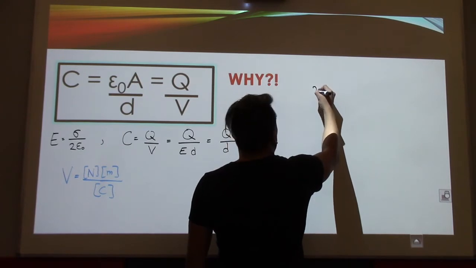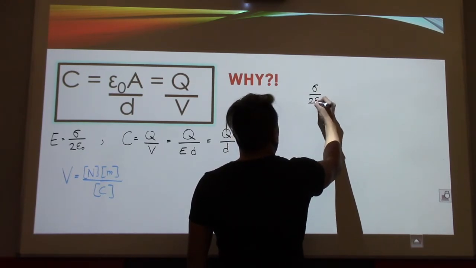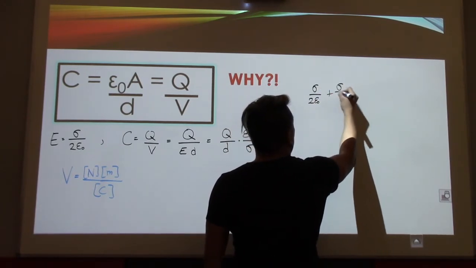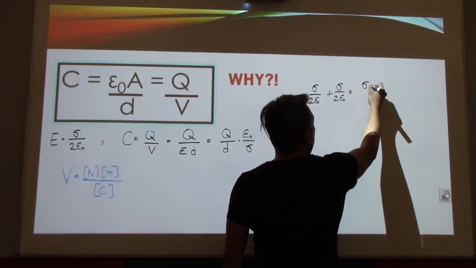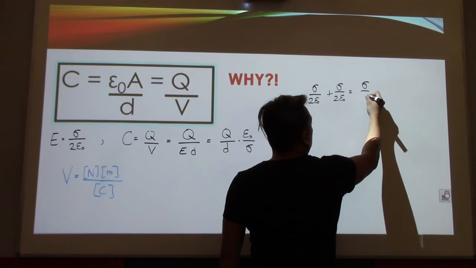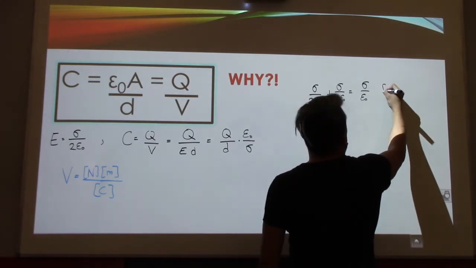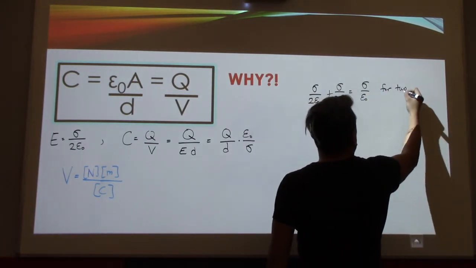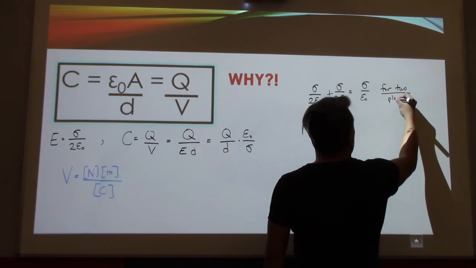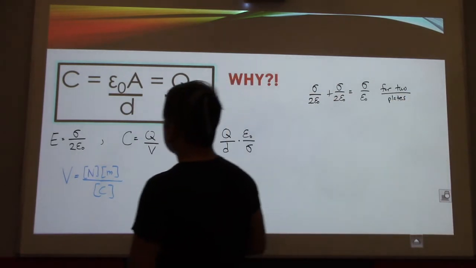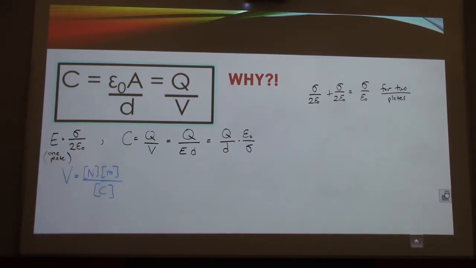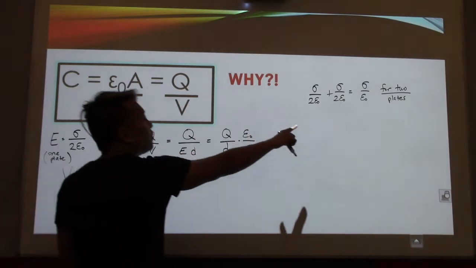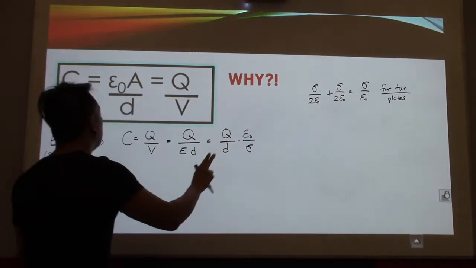So we have sigma over 2 epsilon plus sigma over 2 epsilon. 1/2 plus 1/2, it's 1. So that's why it's just epsilon for 2 plates. This is for 1 plate. So since we have 2, we're talking about 2 of them.